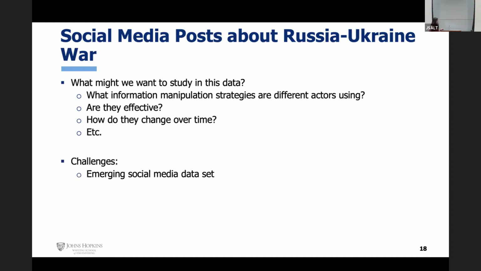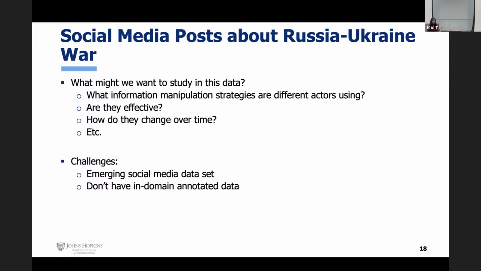But some of the challenges in this work is that this is an emerging social media data set, or at least was at the time. We don't really know exactly what strategies might occur here. We don't know how they manifest. We don't have a lot of information about what's going on at these events. We're also not starting with in-domain annotated data.